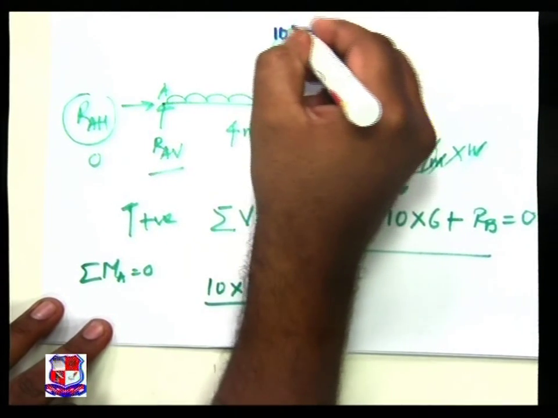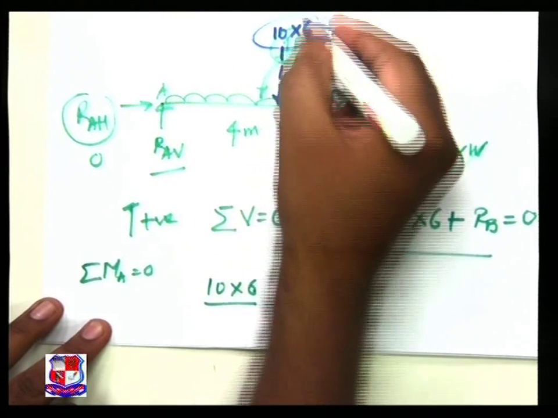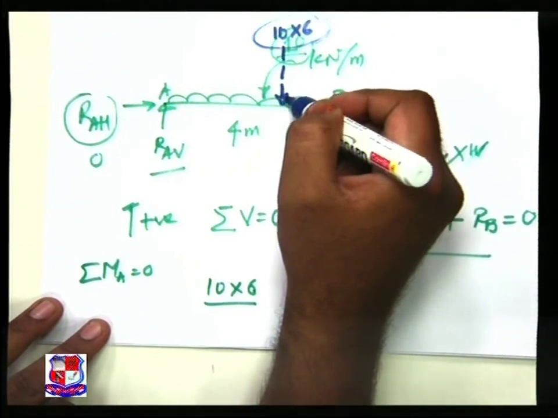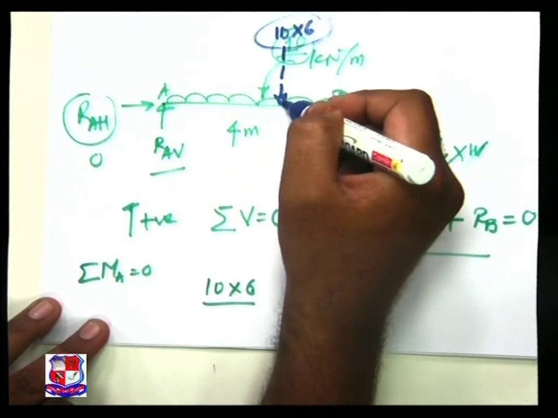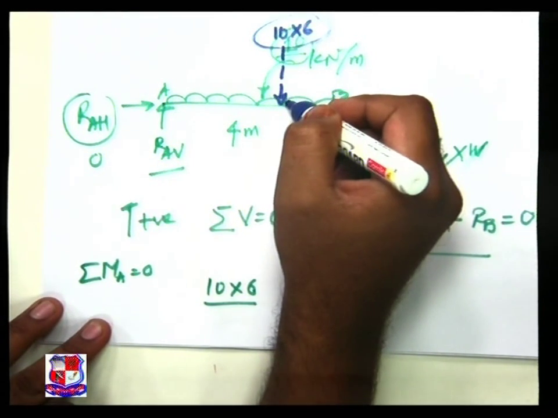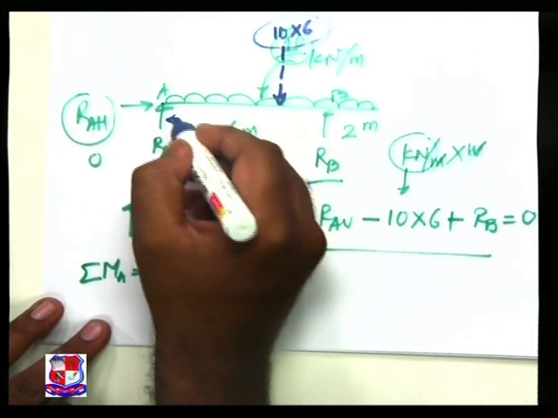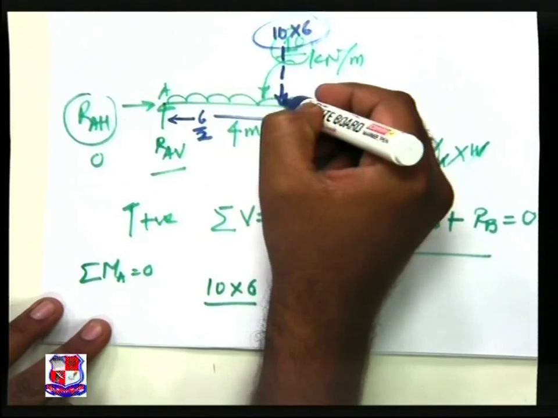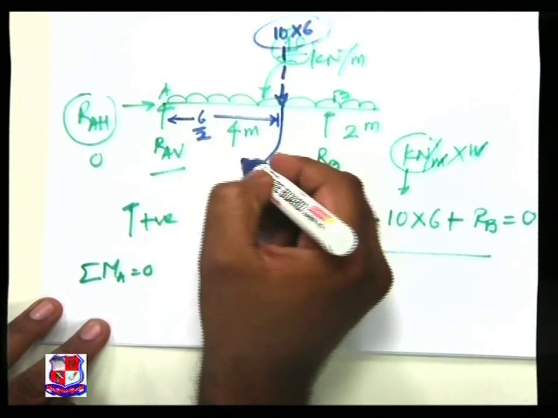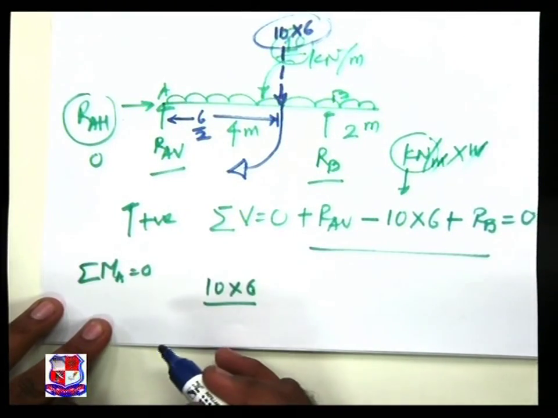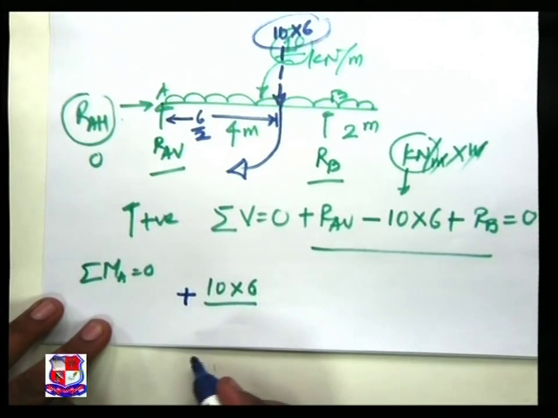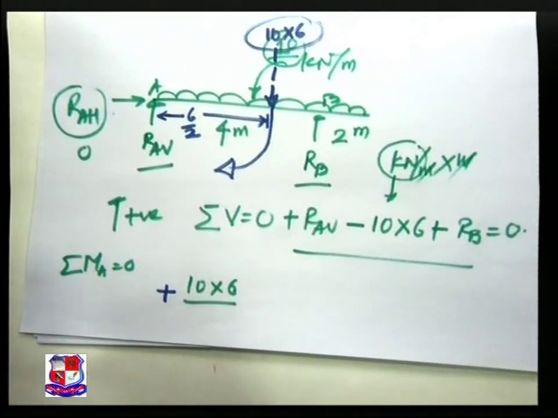This is 10 into 6. So what I did, I converted my UDL in terms of equivalent point load which is acting at the CG of load, and this distance is of 6 by 2. This creates a moment, clockwise moment, so treated as positive as per our sign convention.